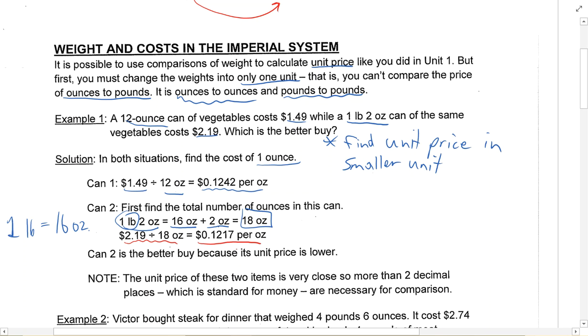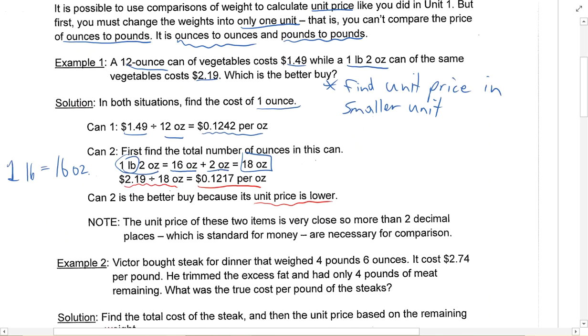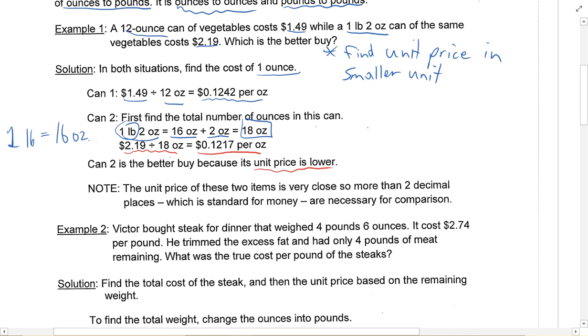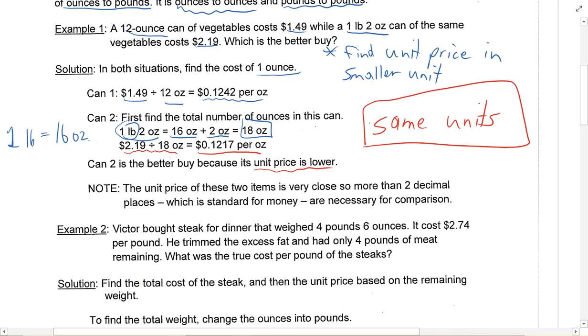So which one's cheaper? They both start with 0.12, but then this is a 4 and this is a 1. So the bottom one, can 2, is cheaper, because its unit price is lower. But we don't know that until we have the same units. So that's our goal today, to be able to compare things with the same units.